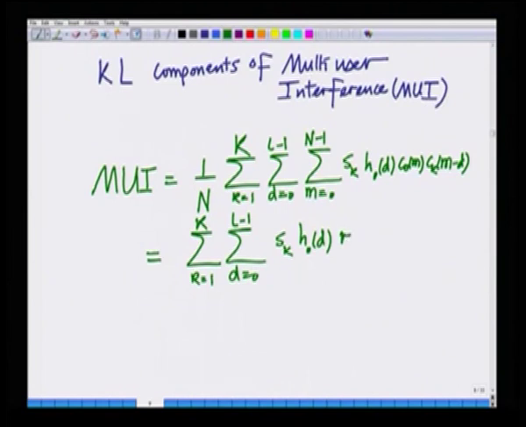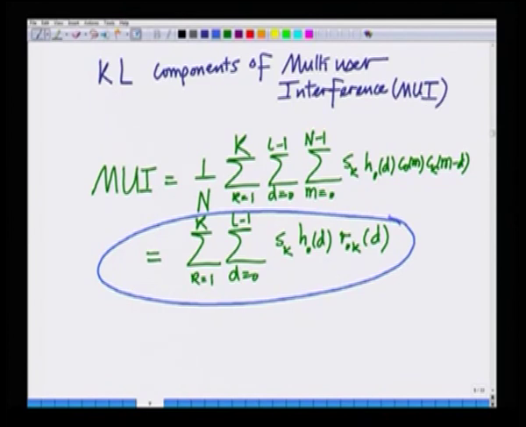Hence, I will write this as R 0 k with lag of d. All right. So, this is essentially the multi user interference term in the CDMA system.